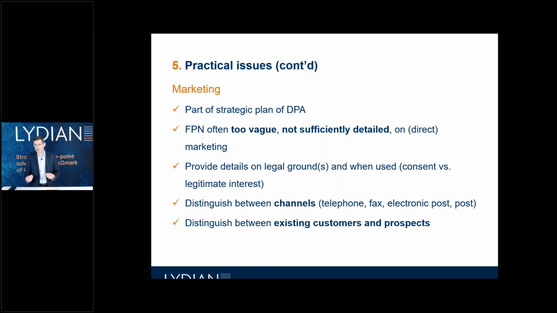And what we live on a day-to-day basis is that we often get questions from the data protection authorities that say, well, this phrase in the fair processing notice says that you are going to do direct marketing on the basis of legitimate interest, but can you please explain how you do this then with email marketing? And are you using automated calling machines? And does this apply to all of this also?